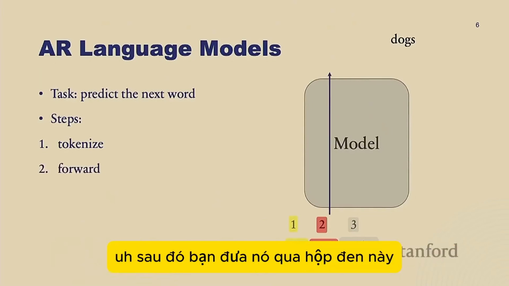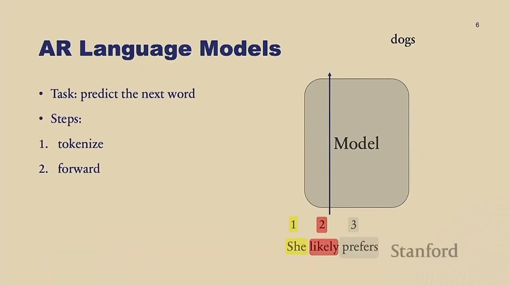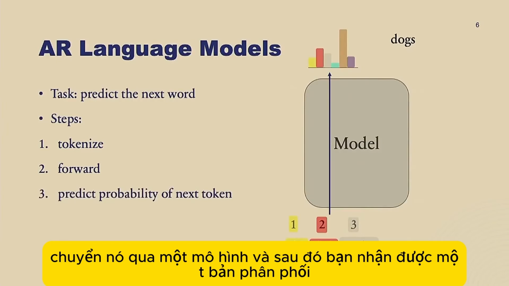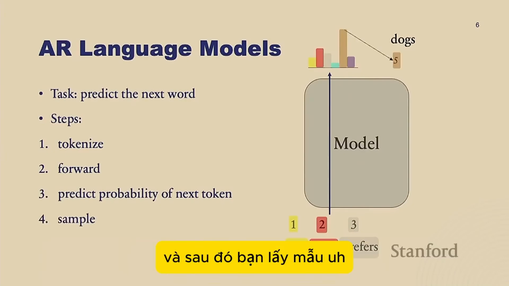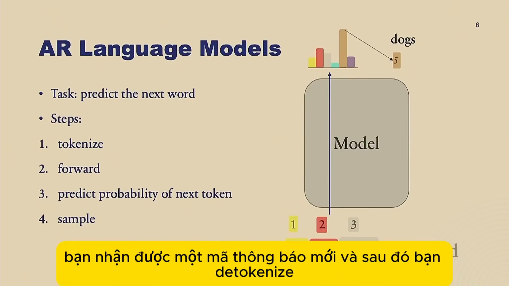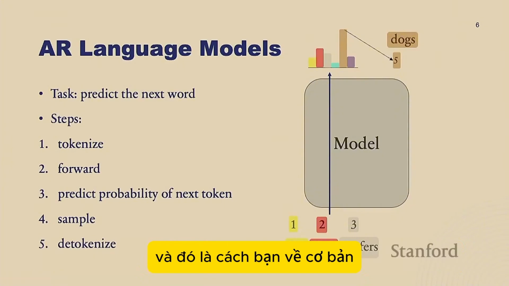Then you pass it through this black box. As I already said, we're not going to talk about the architecture. You just pass it through a model, and you then get a probability distribution over the next token. Then you sample from this distribution, you get a new ID, and then you detokenize. That's how you sample from a language model.